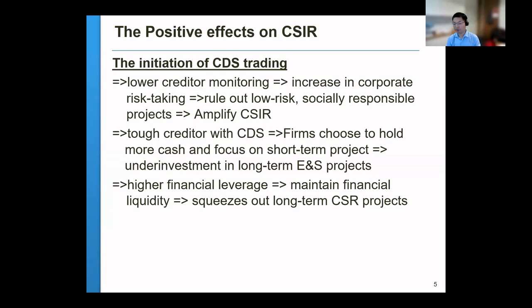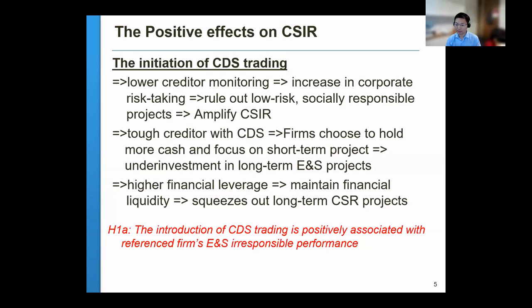If the financial leverage is higher, in order to serve the debt, the manager has to maintain financial liquidity by holding more cash. That will squeeze out the long-term CSR projects. So all those three channels point in the direction that the introduction of CDS trading is positively associated with the reference firm's E and S irresponsible performance.